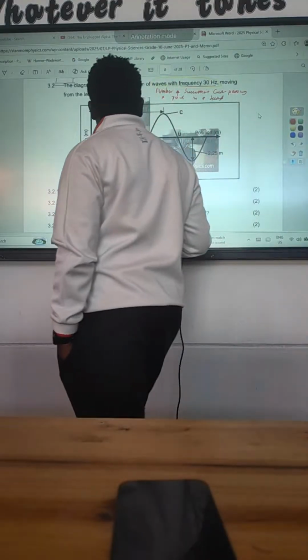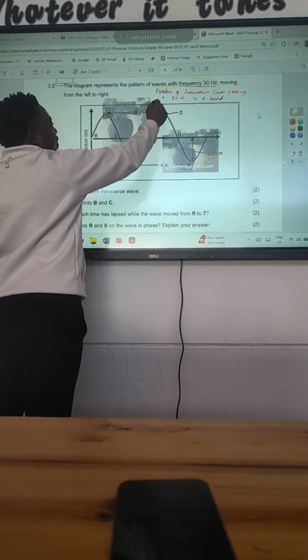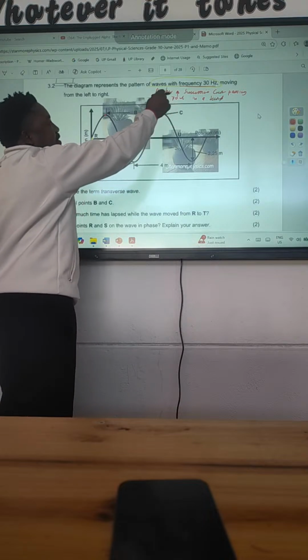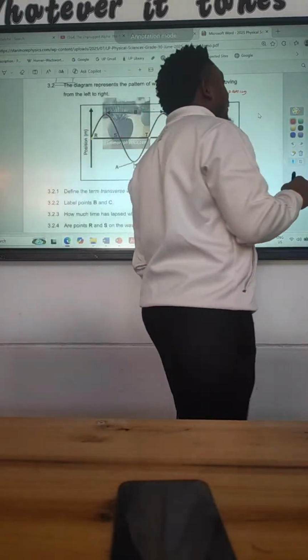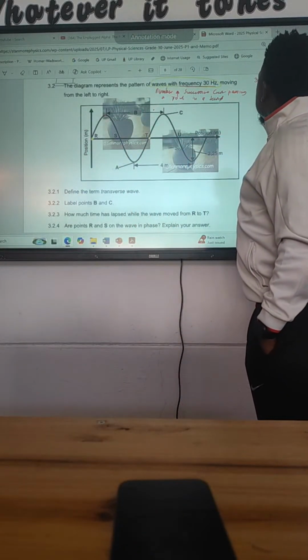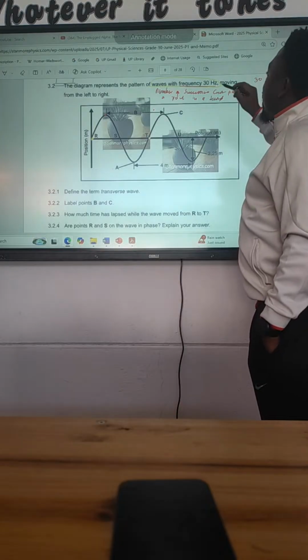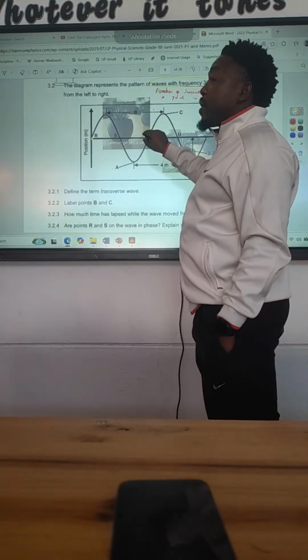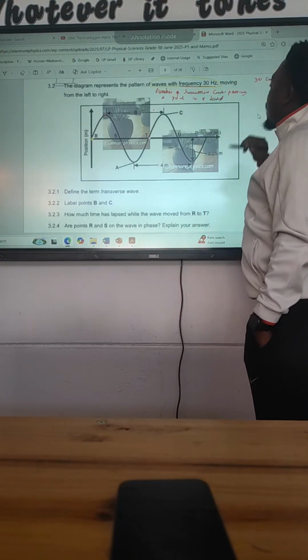So let's say, for example, for this crest to get here, if the frequency is 30 Hz, it means that we have 30 crests passing through this point in 1 second.